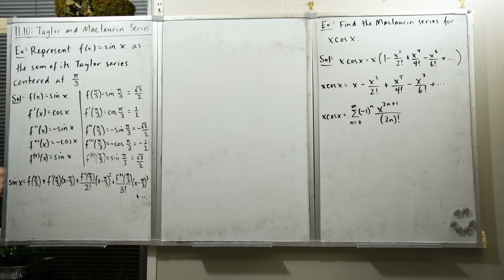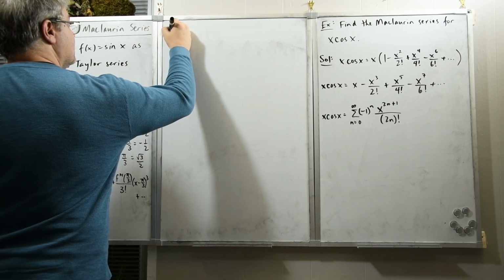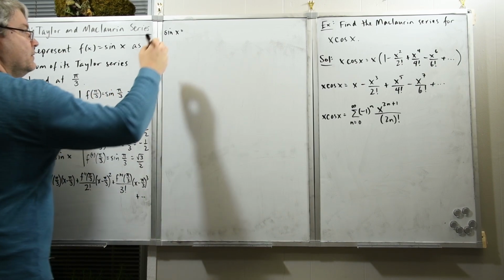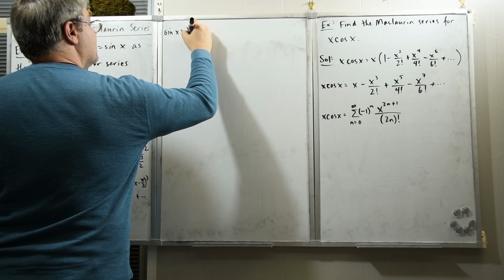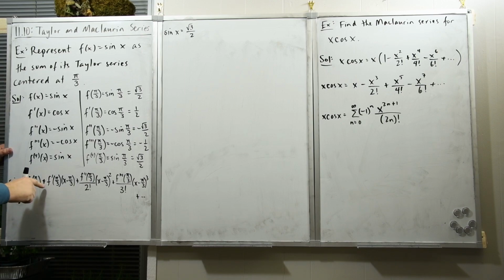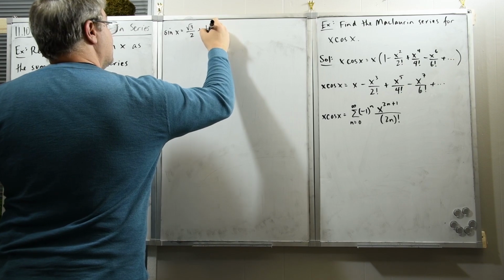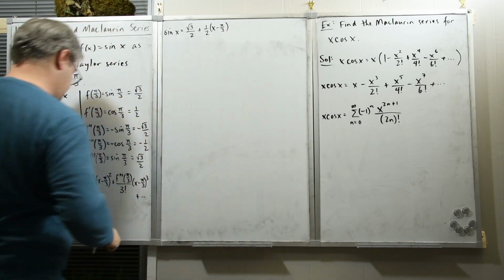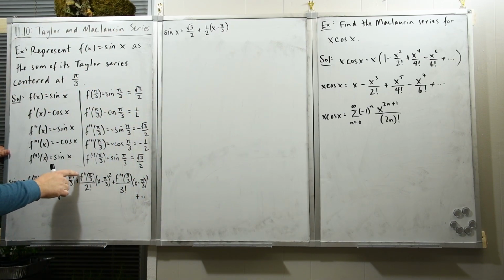And so we see that sine of x is equal to f of pi over 3, which is square root of 3 over 2, plus f prime of pi over 3, which is 1/2, times x minus pi over 3. Then we'll have a plus f double prime of pi over 3 over 2 factorial times x minus pi over 3 raised to the second power.